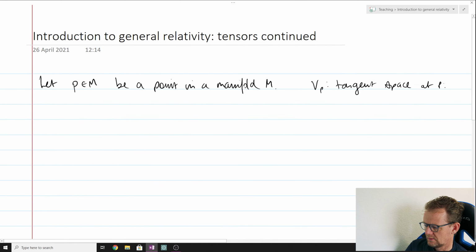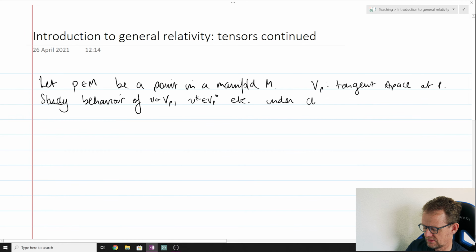Let's now study the behavior of Vp, or elements v in Vp, elements v star in Vp star, etc. under changes of coordinates on the main manifold.